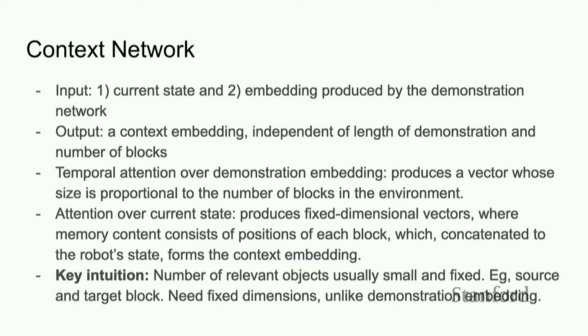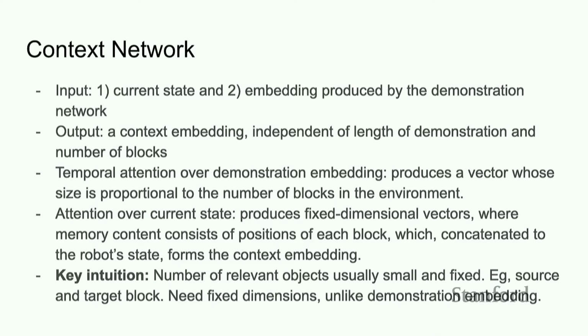So the context network maps all of the context in this variably sized input into a fixed size output. The way we do that is temporal attention, which removes the dependency on time in our output vector. So we're only dependent on the number of blocks now.